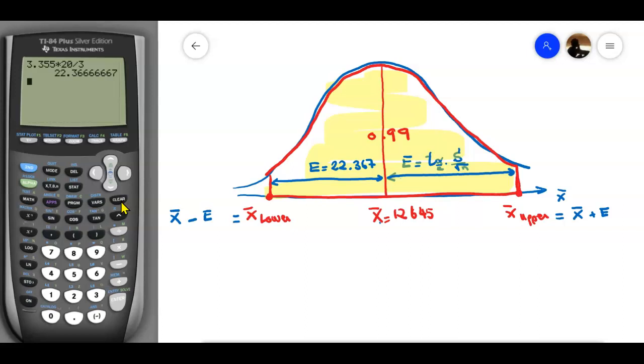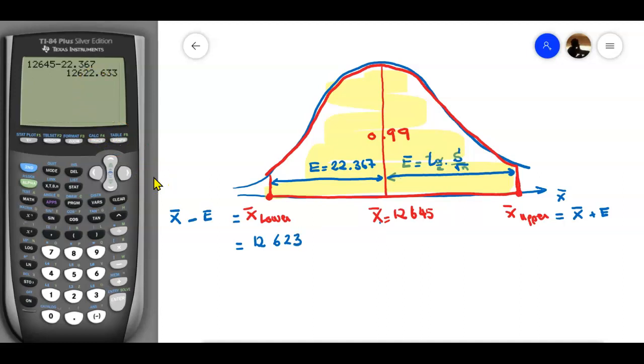All right, so let's see. The first one is going to be 12,645 minus 22.367, and this is going to give you 12,620. I need to round it to the whole number, so it's going to be 23.